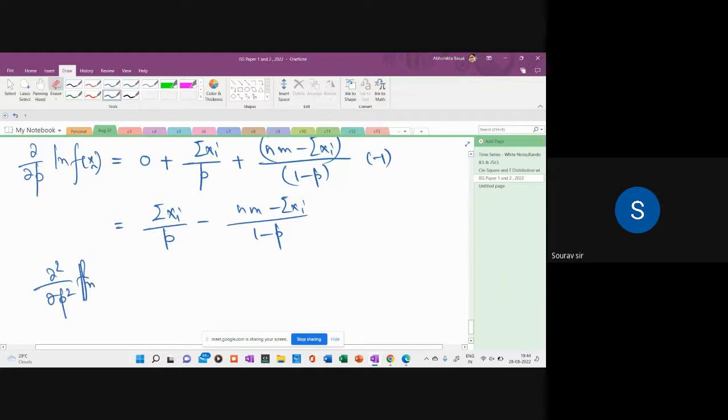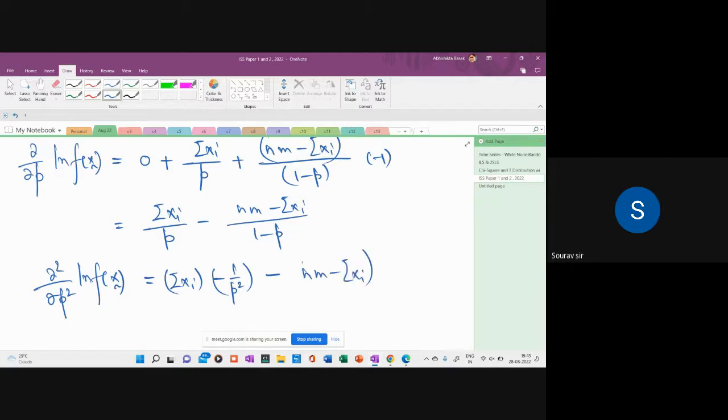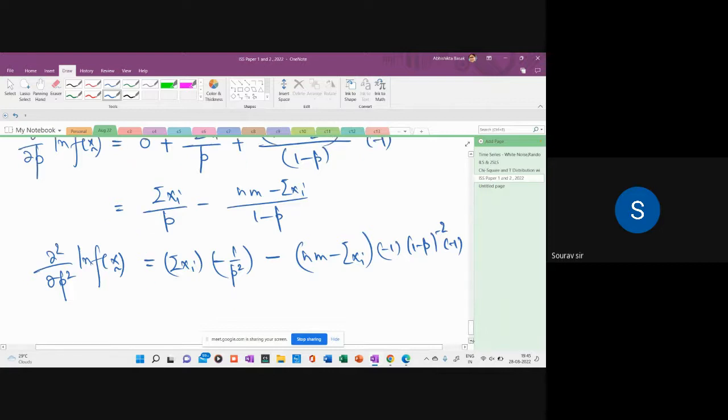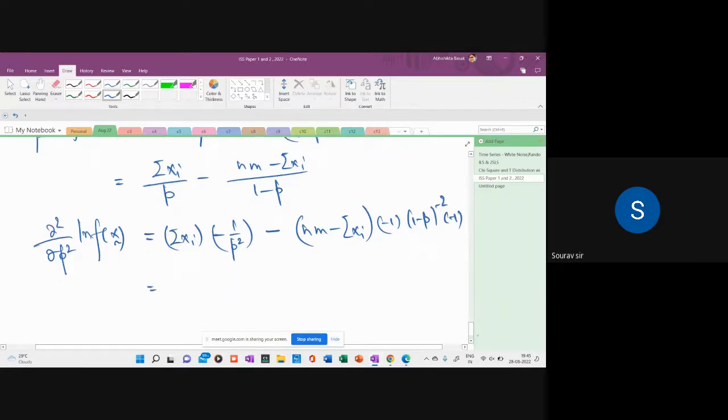So that is going to give me summation xi times minus 1 by p squared, minus (nm minus summation xi) into minus (1 minus p) to the power minus 2 into again minus 1. I hope that I have done the derivative correctly. Please cross check once.